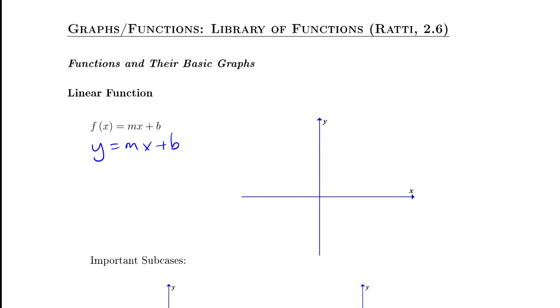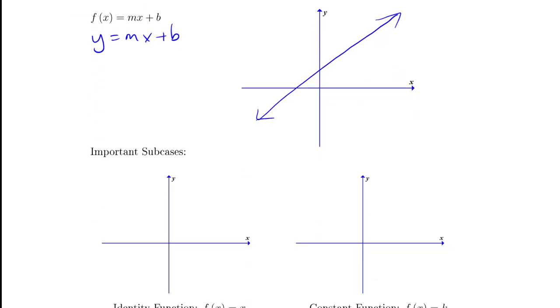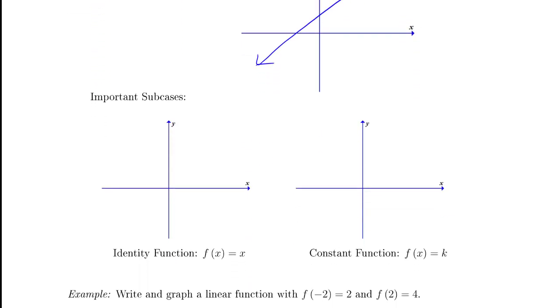Any linear function is going to have the basic shape like this. All right, so just the line. The only difference, again, is that we're calling it by a function. Now, there are a couple of important subcases here. The identity function is f of x equals x.